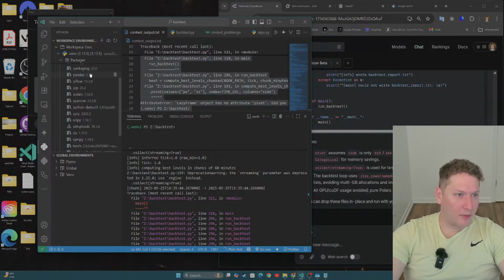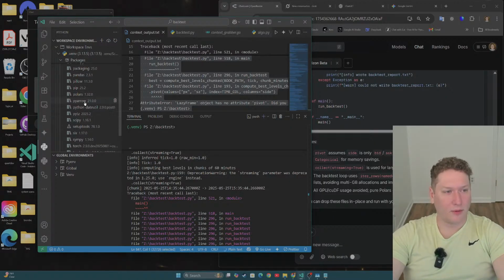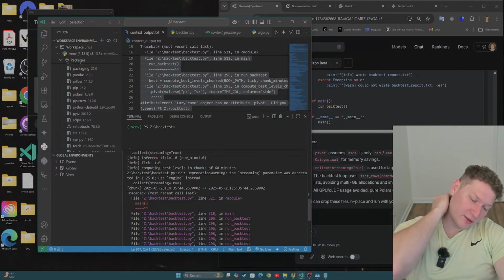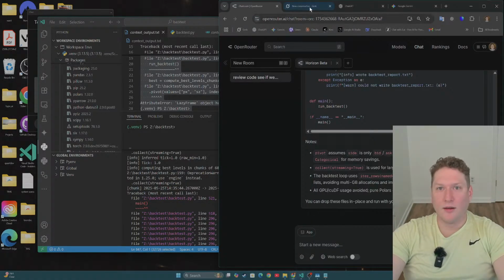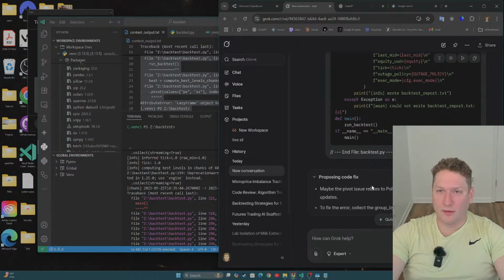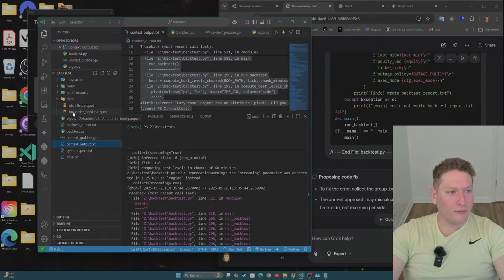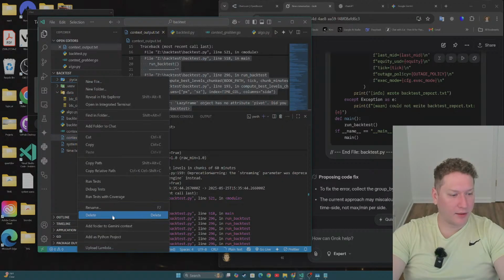Yeah, we're using the 1.32 Polars version, and that was deprecated in 1.25. So that is probably what's going on. All right, audit reports can get deleted. PyCache, we'll just delete that.